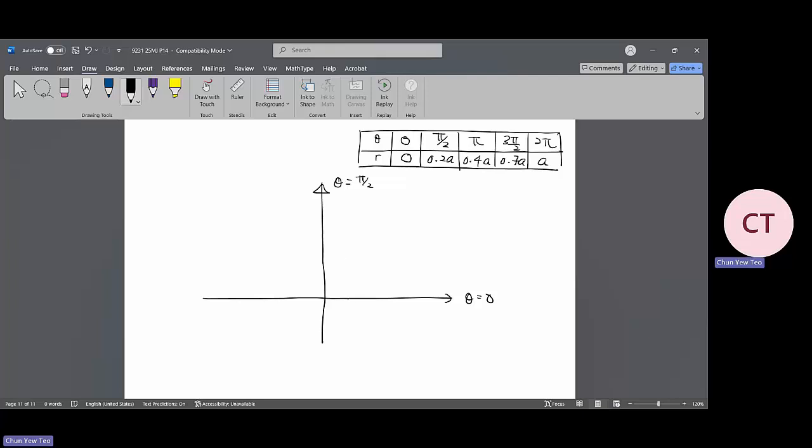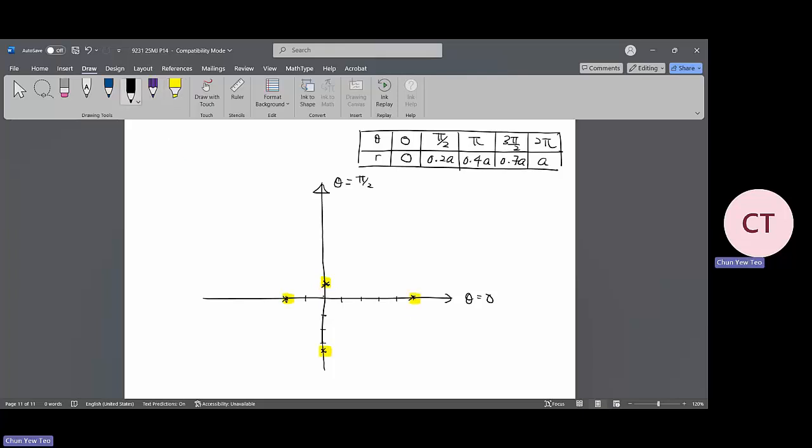So with the proper scale, we have 0.2a, 0.4a, and 0.7a is here. So at the end, your graph will pass through these few points.